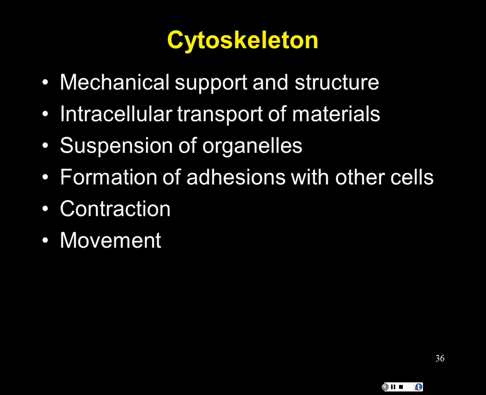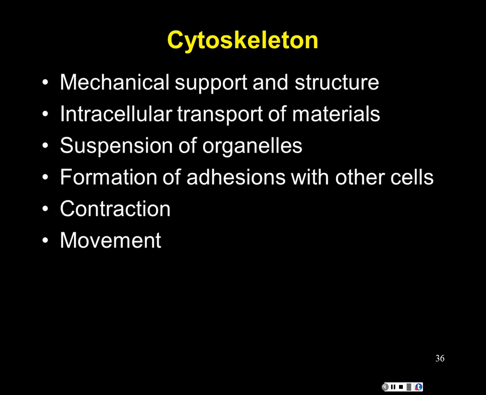Another survey of what the cytoskeleton does. It gives physical support. It's involved with transporting particles. I'm going to elaborate on that second bullet. If you remember, we said vesicles are transported from the rough ER to the Golgi to the membrane. It's actually using our cytoskeletal transport system.